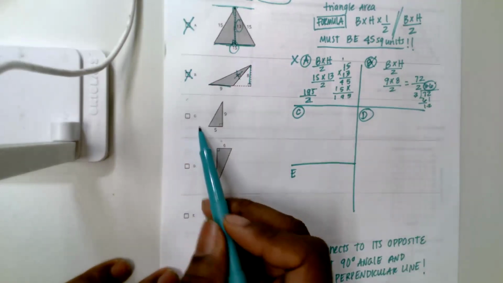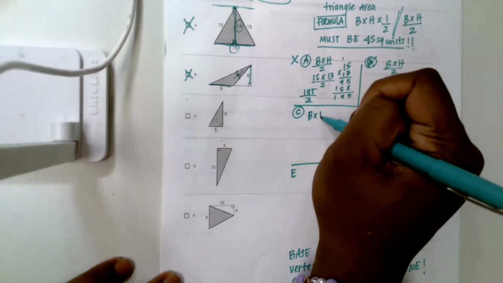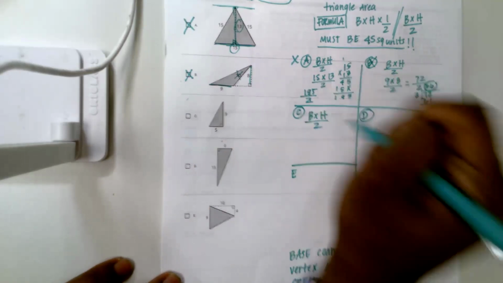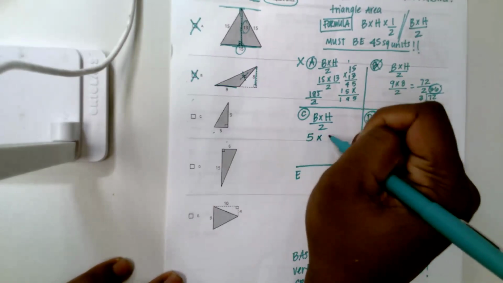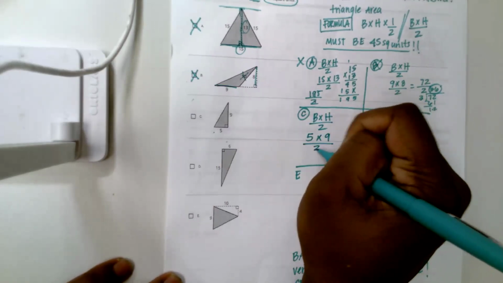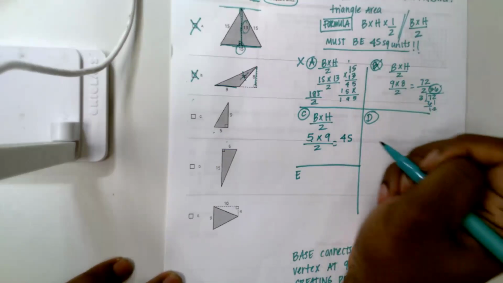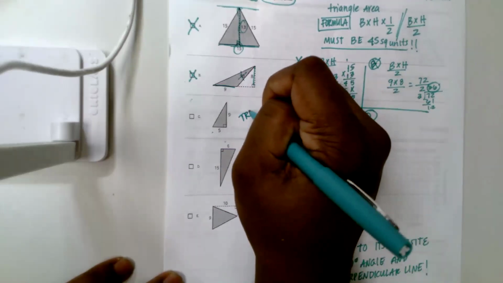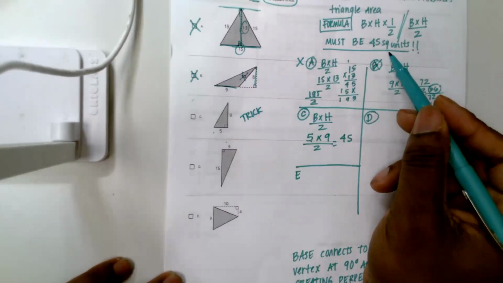Let's look at C. My formula is base times height divided by 2. My base is 5. My height is 9 divided by 2. 5 times 9 is 45. Oh, this is a trick, because I'm looking for 45.